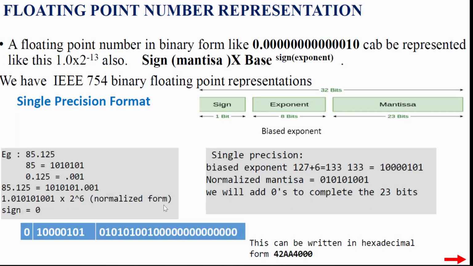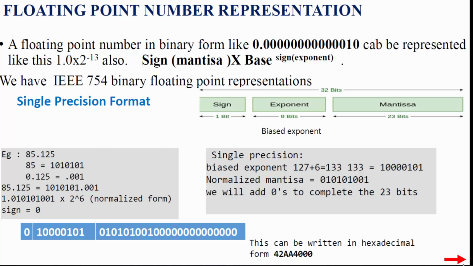In the normalized form, we have a default 1, that is, the normalized form is actually 1 point something. After discarding this 1 before the fraction point, the remaining part is taken as the mantissa.